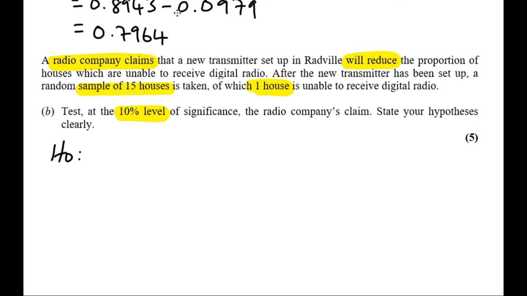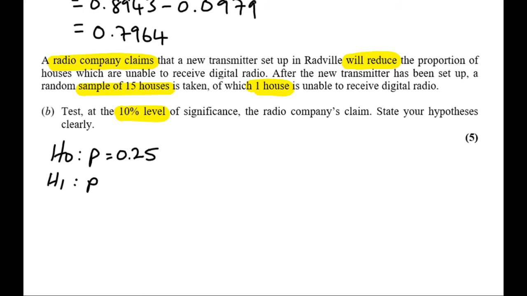H0 says that the probability is actually going to be equal to what we originally thought, or what the status quo was, what was originally advertised. Everything seems to be normal. The company's claim is actually going to be H1. Be extremely careful here.